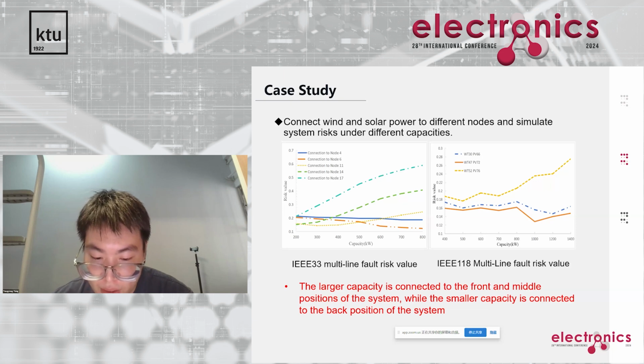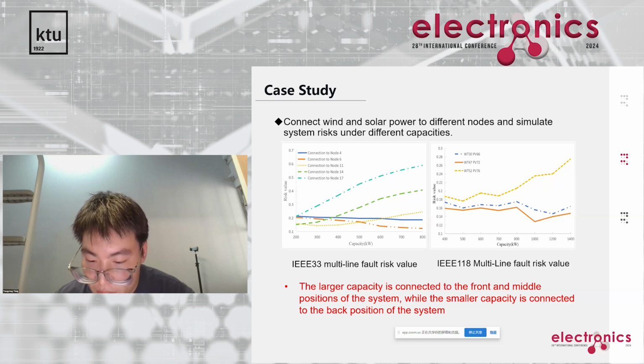Nodes 4 and 6 are the front-end positions of the system. Nodes 11 and 14 are the middle positions, and node 17 is the end position of the system. It can be seen that as the capacity increases, the risk values of the front-end and middle nodes are low, while the risk values of the end nodes significantly increase.